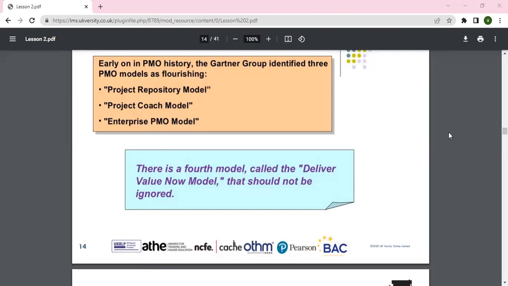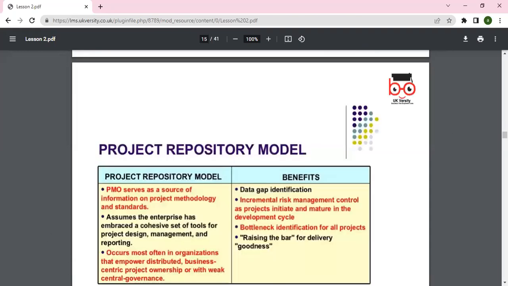Okay, so we make sure we carry on managing the project repository model.